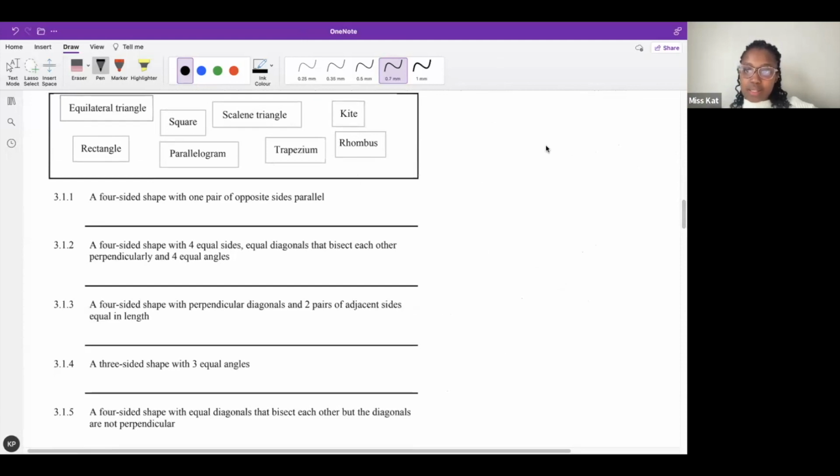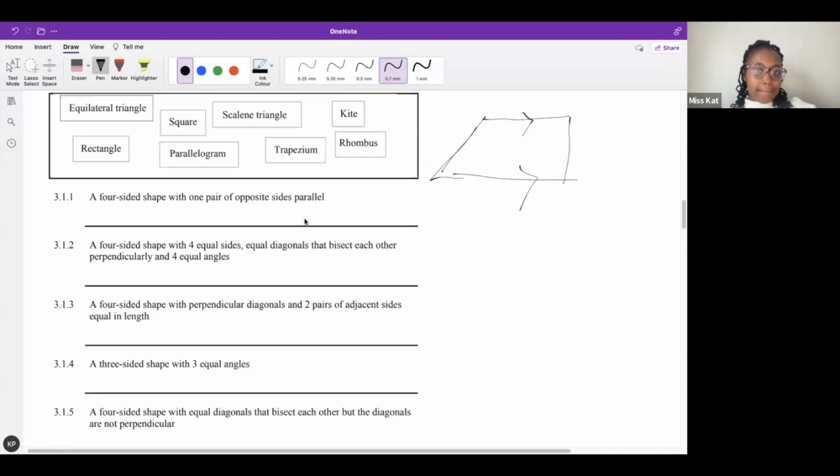It means this side is parallel to that side, like so. But does it mean the other two are parallel? No, only one pair is parallel. So this one could be like that and like that. Yes, Bokang, do you know what the shape is?